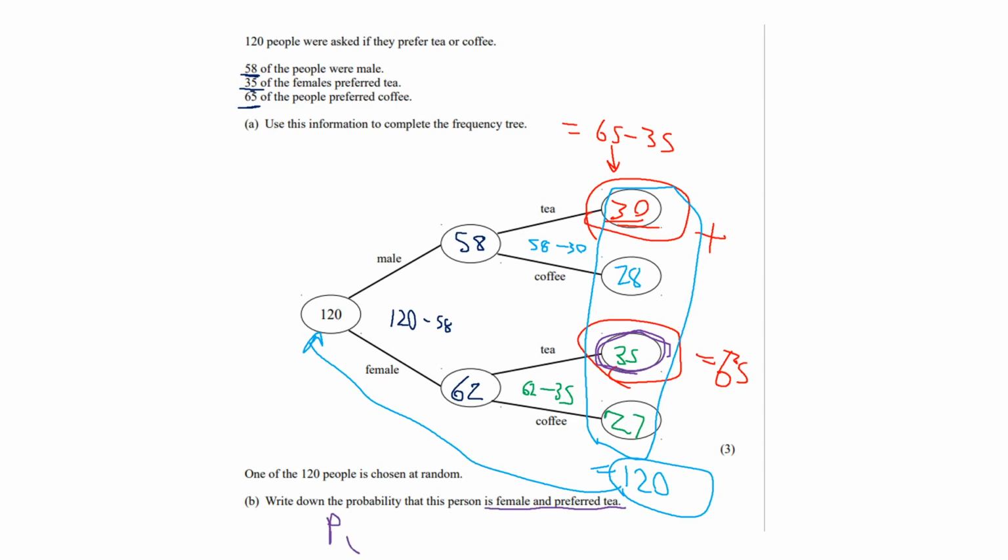So the probability of FT, female and T, is equal to 35 over 120. And you can leave your answer like this. But if, let's say, your teacher's like, oh no, simplify it, then all we're going to do is simplify it to become 7 over 24. And that is our final answer.